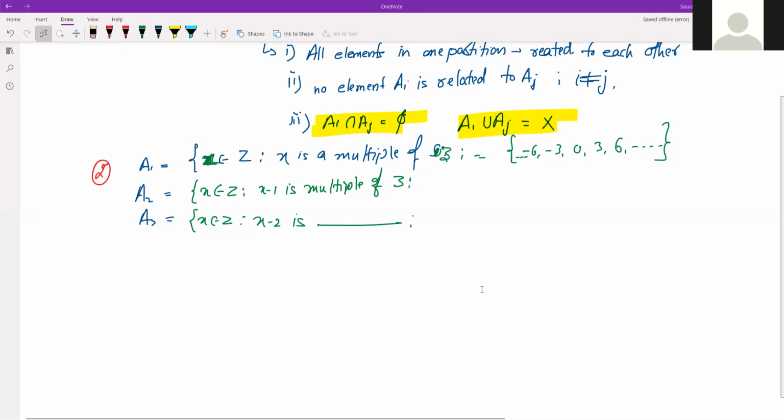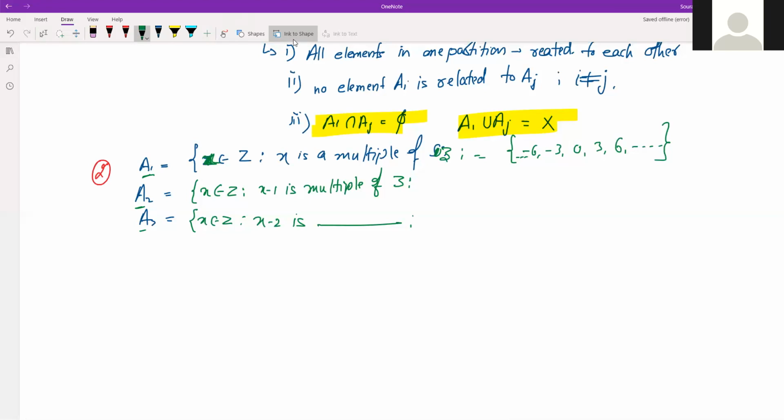So what we have here are three subsets of Z, and the three subsets have these elements. X is a multiple of 3, so you have all multiples of 3. Then you have x minus 1 as a multiple of 3.